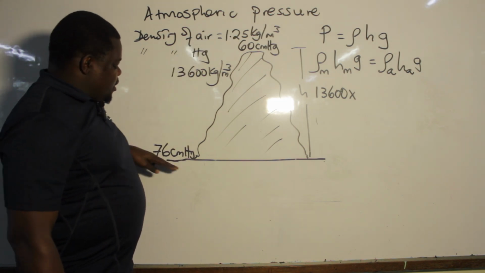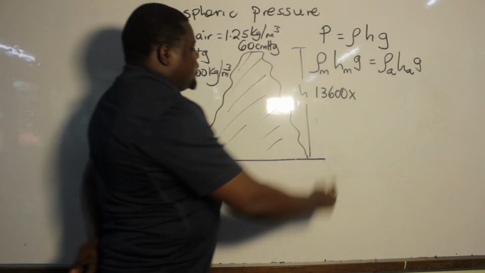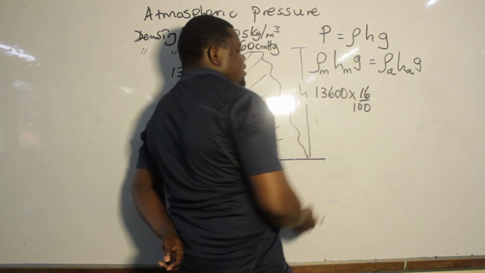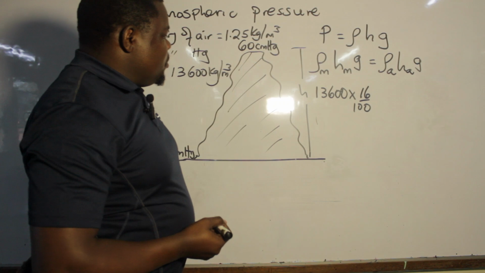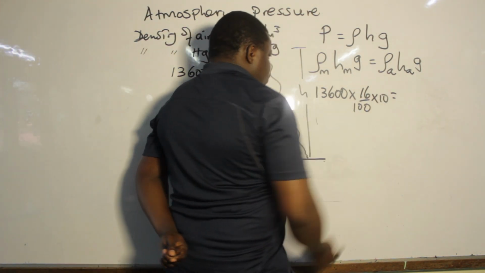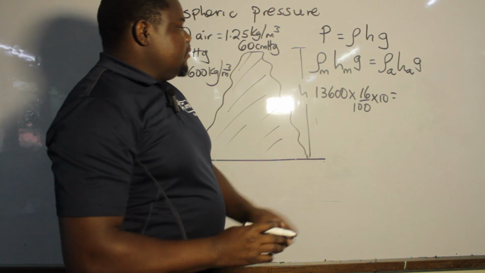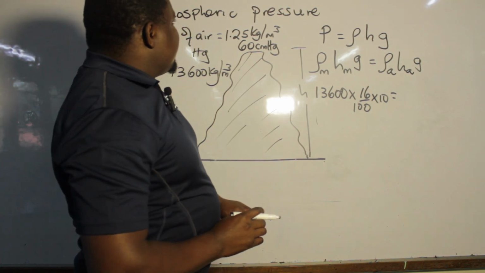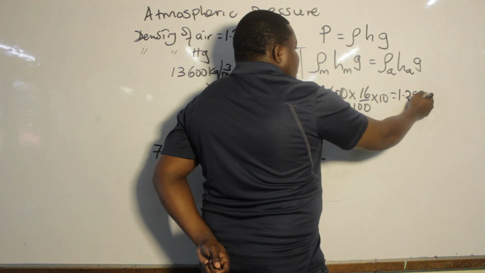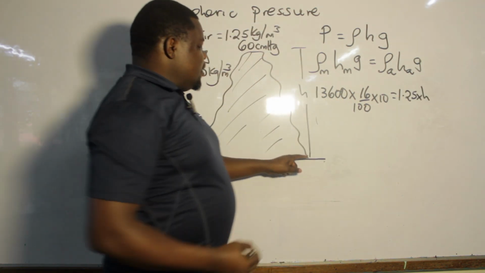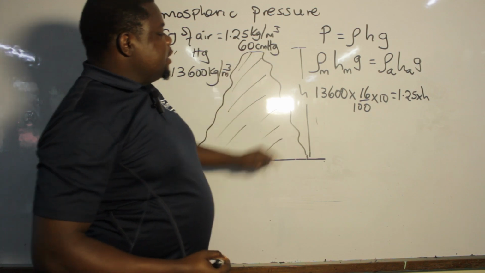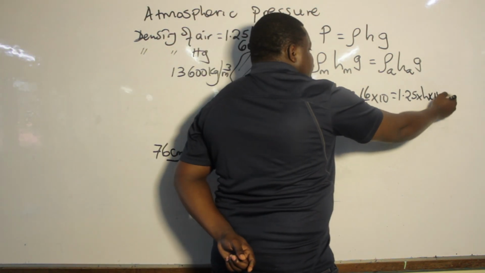So the pressure difference is 76 minus 60, which gives us 16, changed to SI unit, that is 0.16 meters, multiplied by G. Equals, on the other side, density of air, which is 1.25, times the height of the air column, that we don't know, which is the same as the height of the mountain, times G.